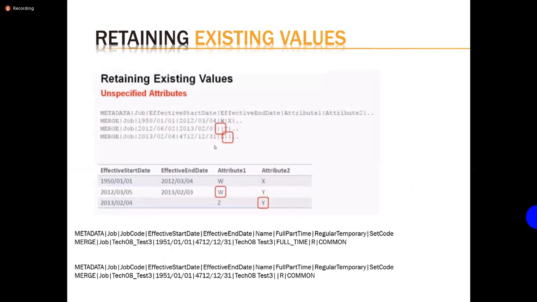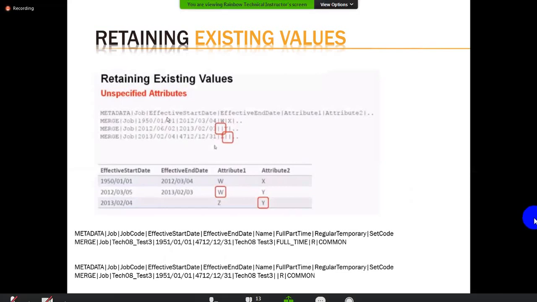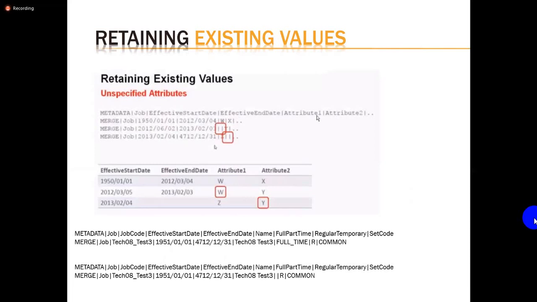Okay, so now, for example, I have a job record here. If you see the metadata job, effective start date, effective end date, attribute 1 is sent as W, attribute 2 sent as X. From 1950-11 to 2012-34, I have attribute 1 as W, 2 as X. And after that, from 2012 6/2 onwards, for the same job, I don't want to send attribute 1.